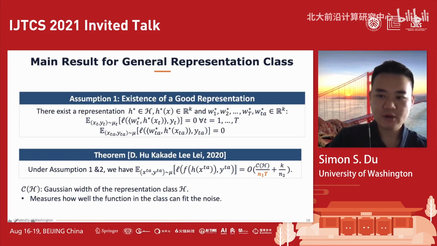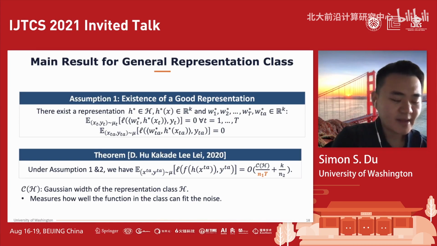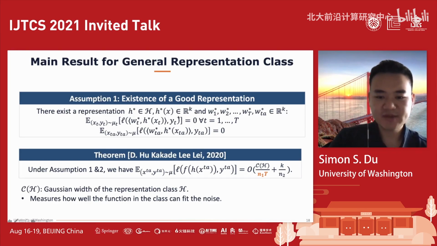We also have a more general result for general function classes, which you can use for neural networks as well. Here is our assumption. With a more abstract notion, we assume there's an H star in big H such that the composition of H star and the W's have zero loss. Again, under the assumption that this big W star has full rank, we can have this form.